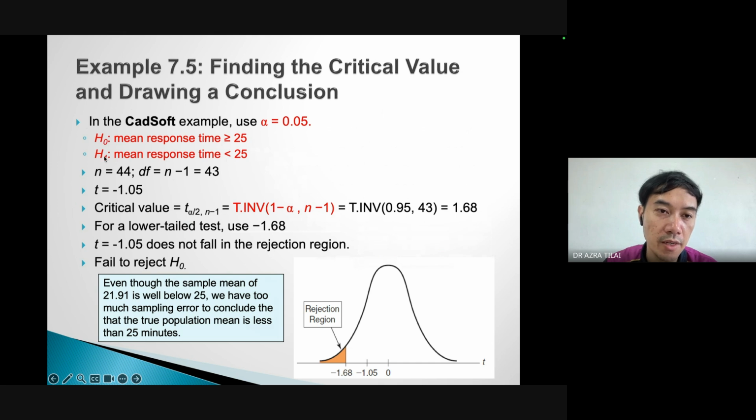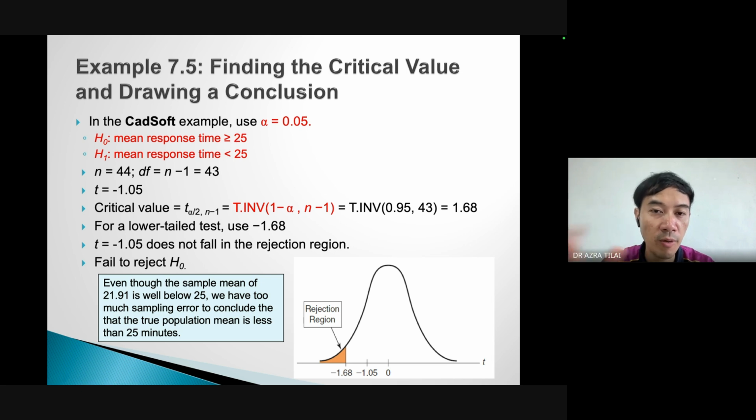So we have a null and an alternative hypothesis. The null hypothesis is the existing theory, or what has normally been discussed or agreed upon previously. So the mean response time is more or less than 25. Once you know there is more or less, you automatically put the alternative as the inverse.